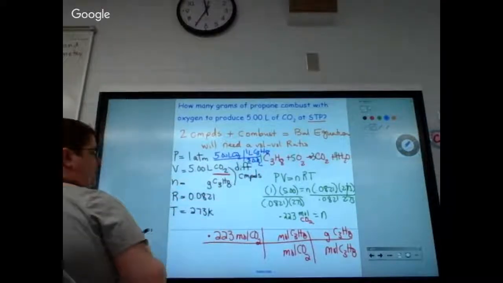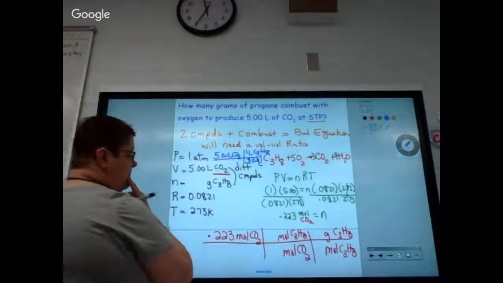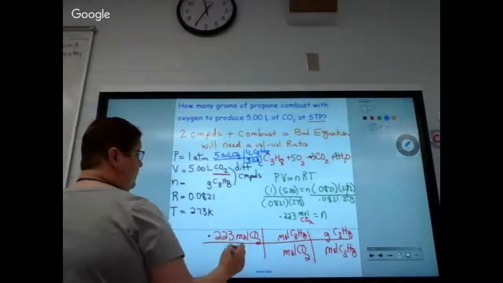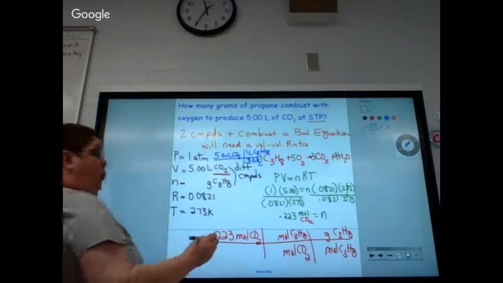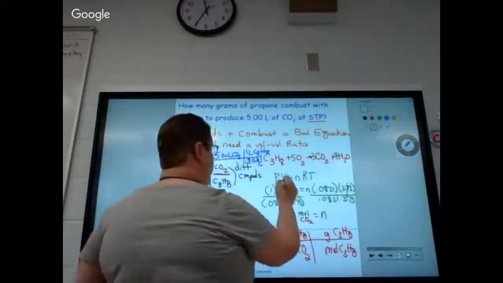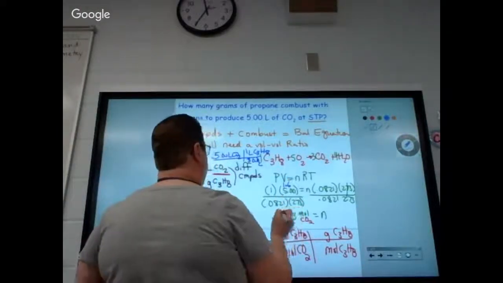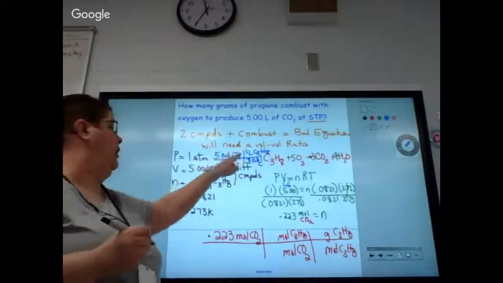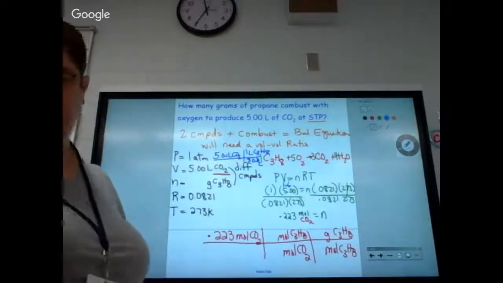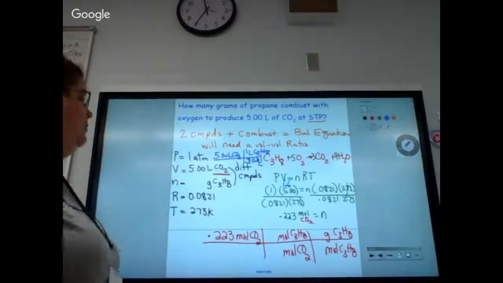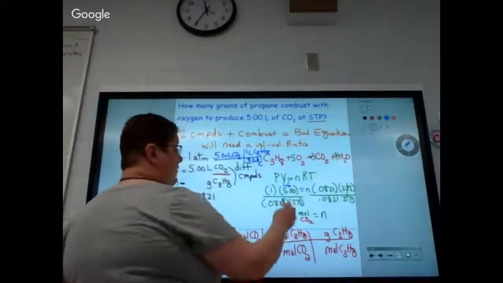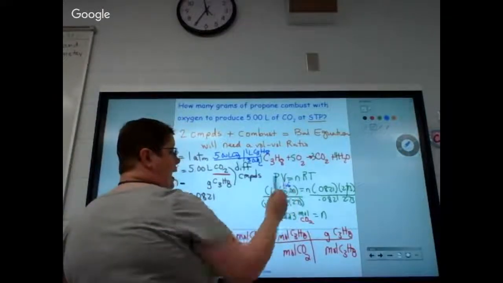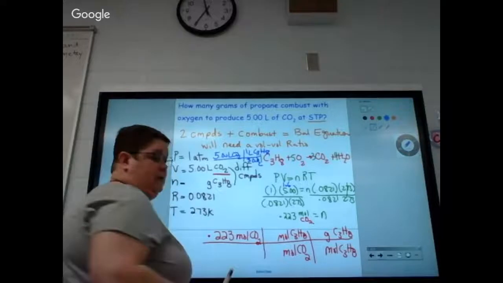So what's 5 divided by 3? 1.6. It's got a 5, a 1, and a 3. So, instead of using the 5 right here, I had to put in the volume of 1.6.